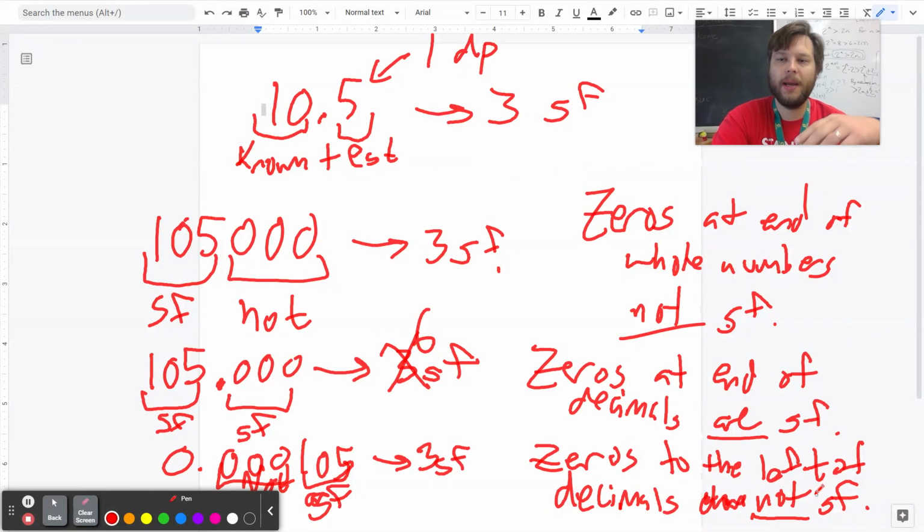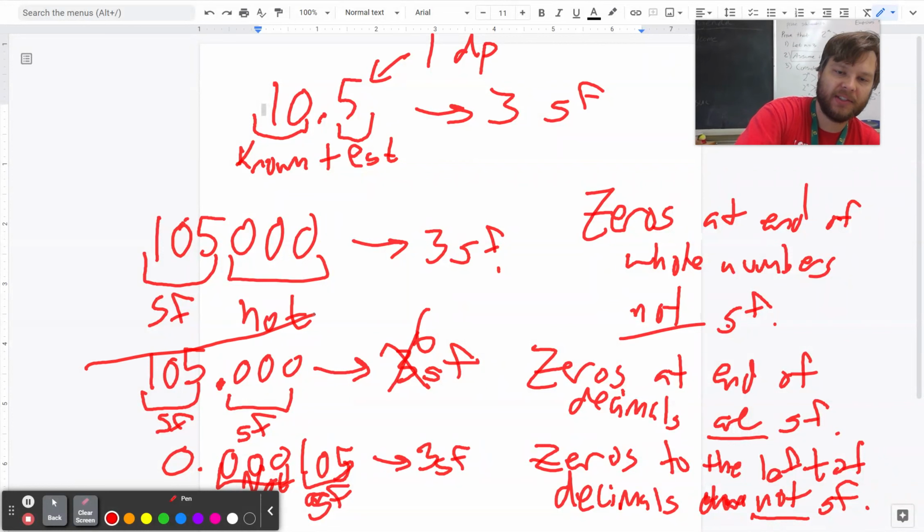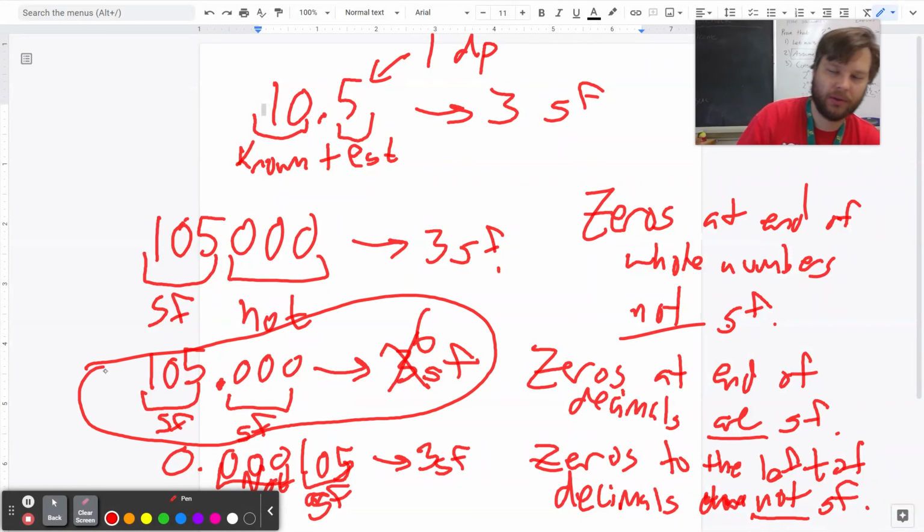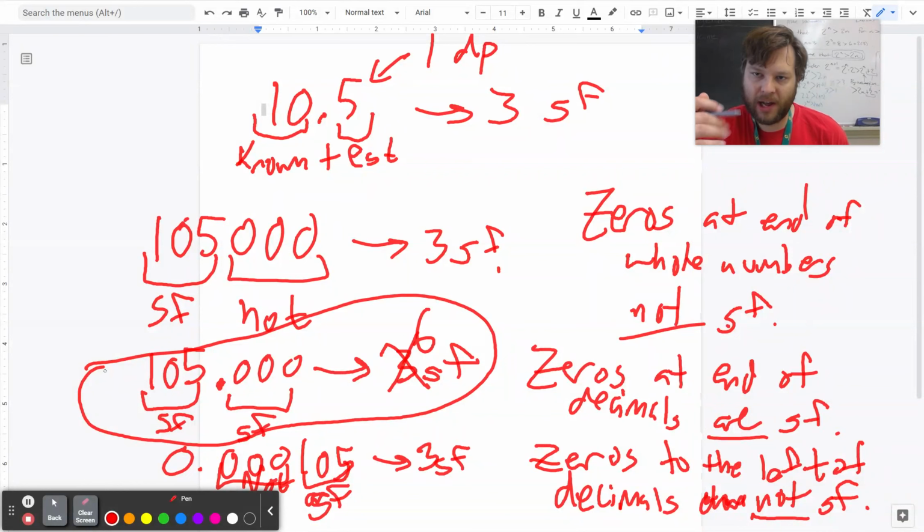The only time zeros count is if they're in between non-zero numbers, like 105, or if they're after the decimal, like in the second example that I briefly screwed up on. Those count because if you didn't have that level of precision, you would just write 105. When you write 105.000, you're telling me that it's more precise.